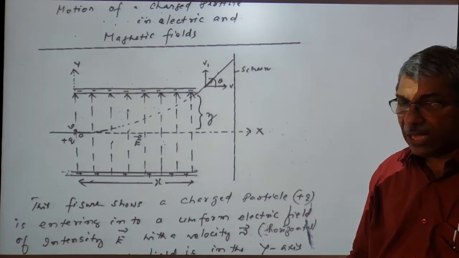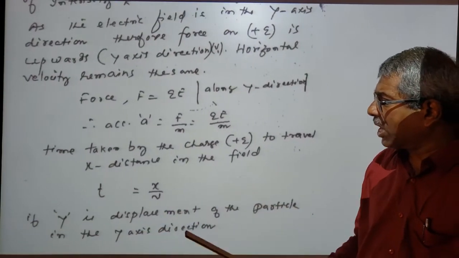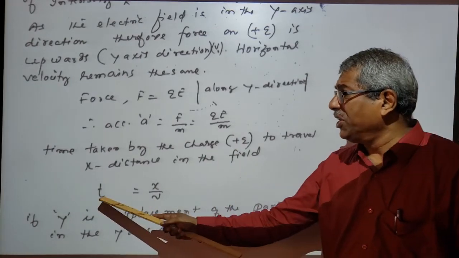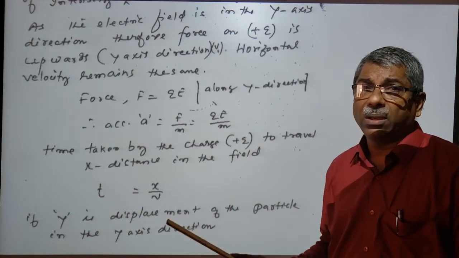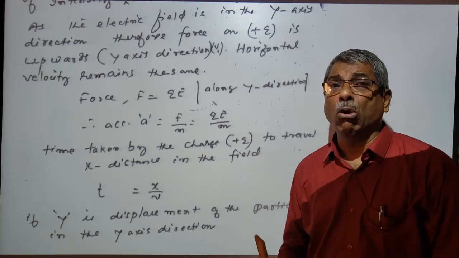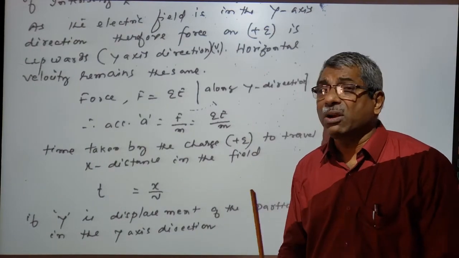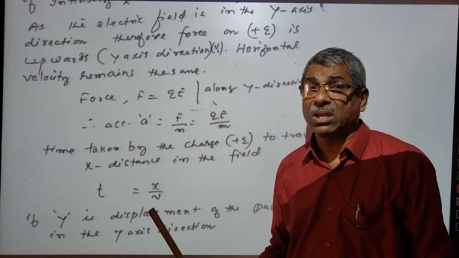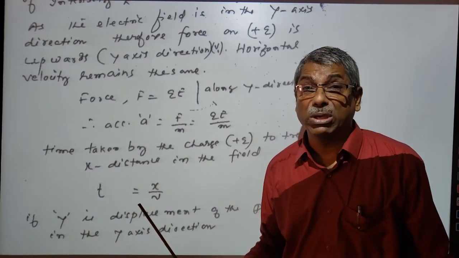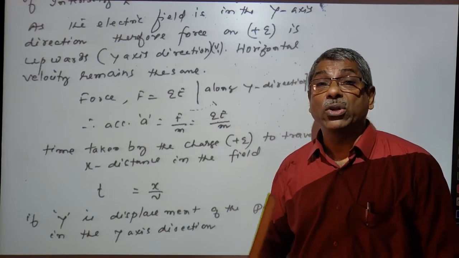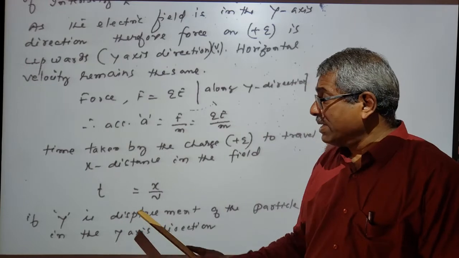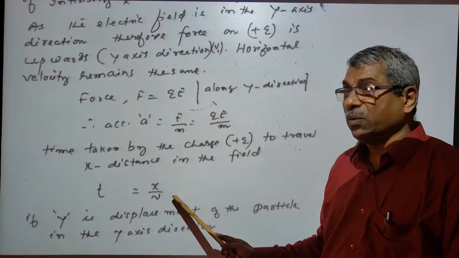The time taken by the charged particle to cover the distance x is given by t is equal to x by v, that is, horizontal distance divided by horizontal velocity. Horizontal velocity remains constant because in the horizontal direction, no force acts on the charged particle. So horizontal velocity is uniform. Therefore, t is equal to x by v.